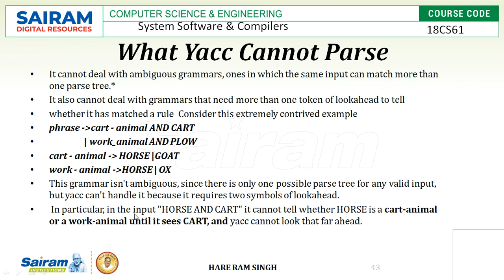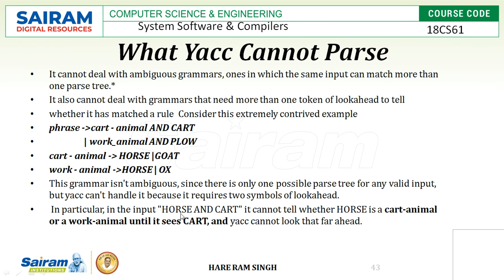For example, in the input horse and cart, it cannot tell whether horse is a cart animal or work animal because horse belongs to both cart animal and work animal. The first horse belongs to both, but since cart is there, we have to check ahead.